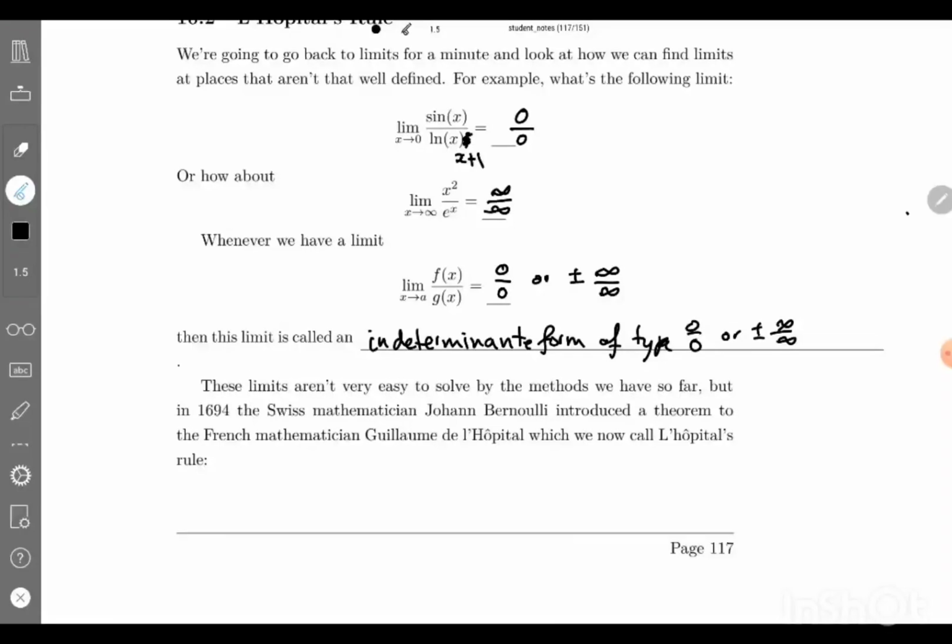So these limits aren't very easy to solve. We did a couple of them, right? And these are the ones where you have to sit and explain a lot of things. We had to write whole paragraphs as to how to solve these things. And that's not always fun to do.